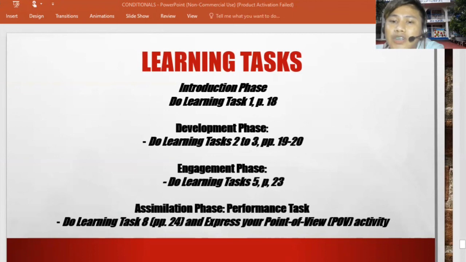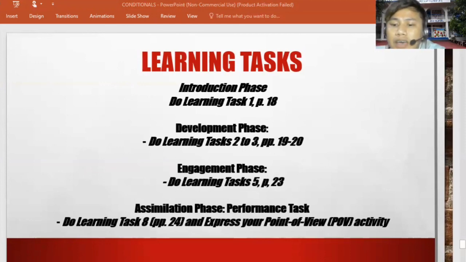You are just going to complete it by writing or supplying the most appropriate conditionals. You're just going to write your answer in your notebook or pad paper or whatever sheets you want to put all your tasks on.